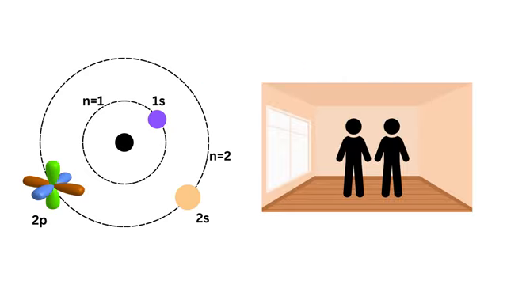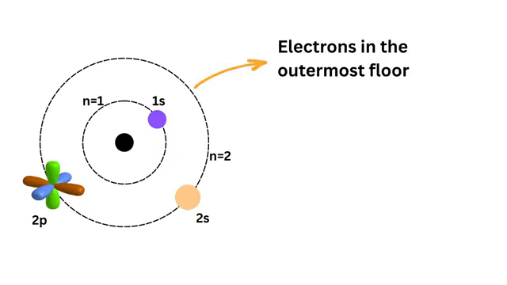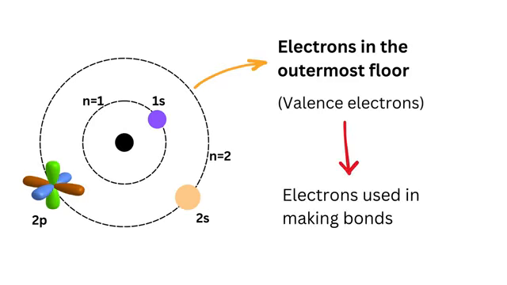Each room can hold a certain number of electrons, just like each bedroom can only fit so many people comfortably, right? Now, the electrons that stay on the outermost floor, that is, the highest n level, are called valence electrons. These are the ones that decide how the atom behaves when making friends or forming bonds, because they are the easiest to reach and share.